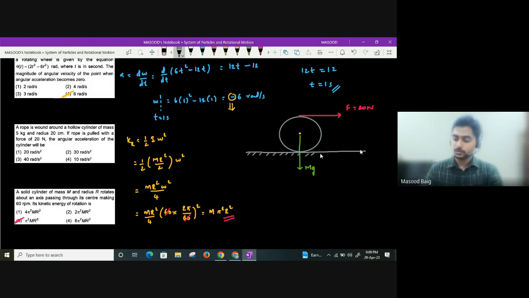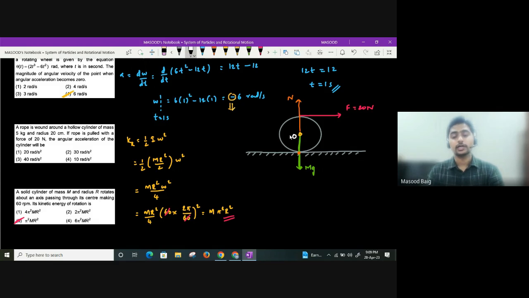Will the ground keep quiet? Certainly not. What is it going to give? It is going to give some normal reaction. Yes or no? Yes, it is going to give some normal reaction. How will that normal reaction act? From this point it will act in which direction? Upward direction. They're asking to find out angular acceleration.